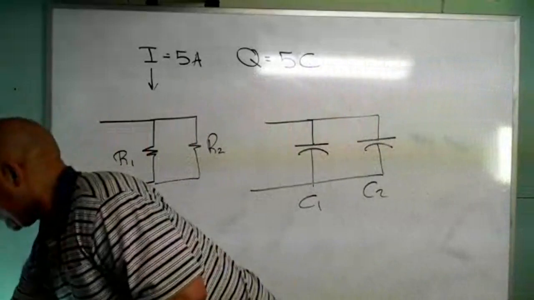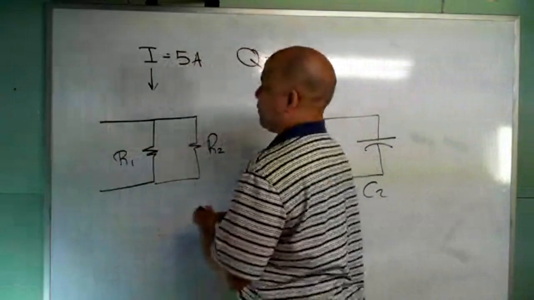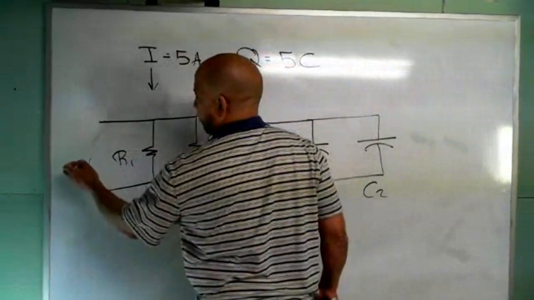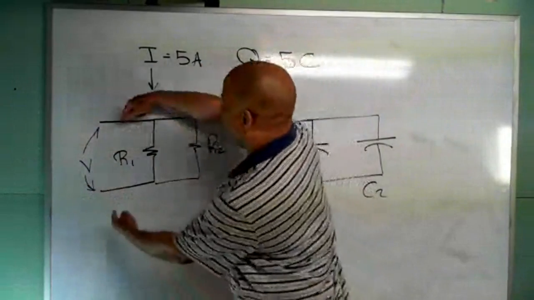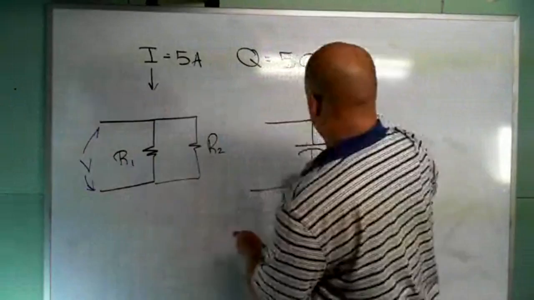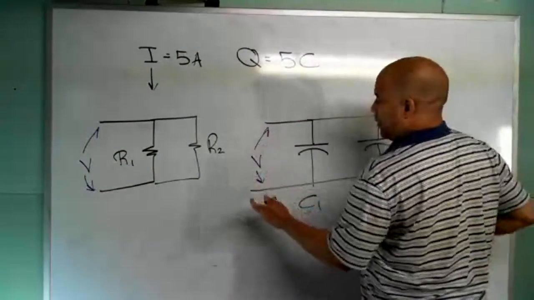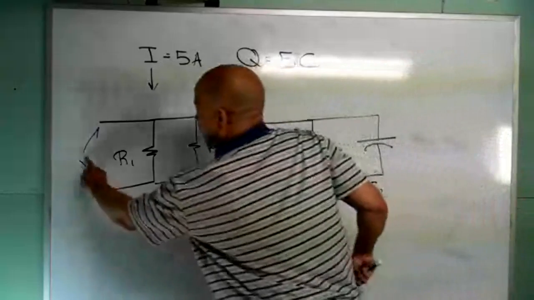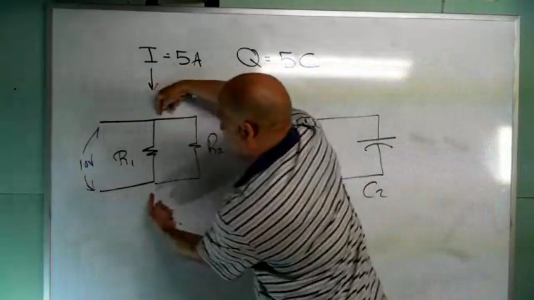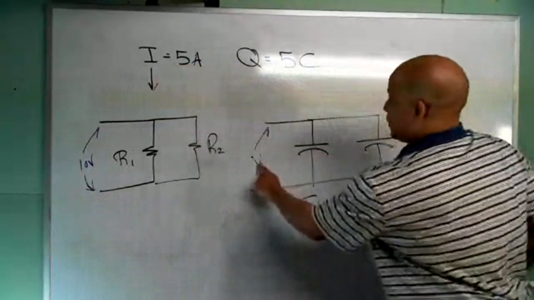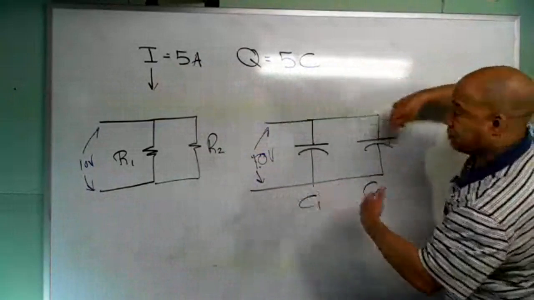Now, in this case, whatever voltage I have across this circuit, what we learned about things in parallel is that the voltage is the same everywhere. And that's true over here. I have a voltage across the circuit. Whatever the voltage is, it's the same everywhere. So if this was, let's say, 10 volts, I would measure 10 volts across both resistors. If this was 10 volts, I would measure 10 volts across each capacitor.